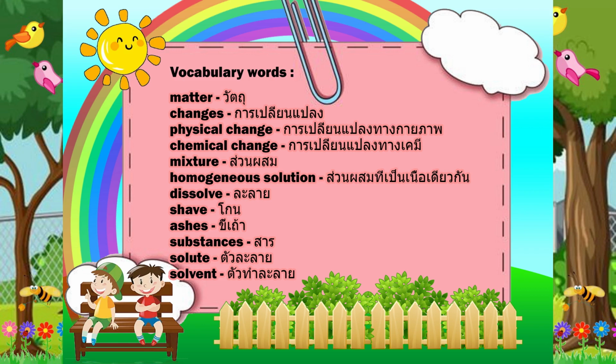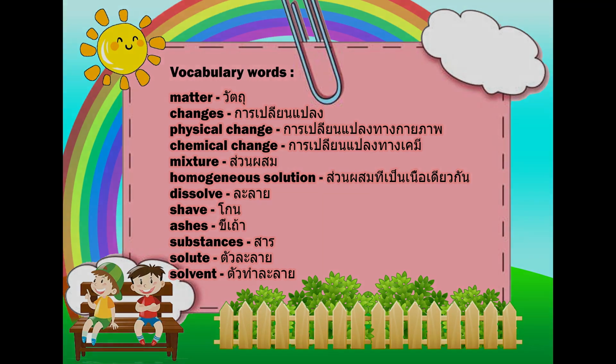Alright, so the vocabulary words are matter, changes, physical change, chemical change, mixture, homogeneous solution, dissolve, shave, ashes, substances, and solute. Okay, so once again, feel free to pause this video and copy these vocabulary words in your notebook.